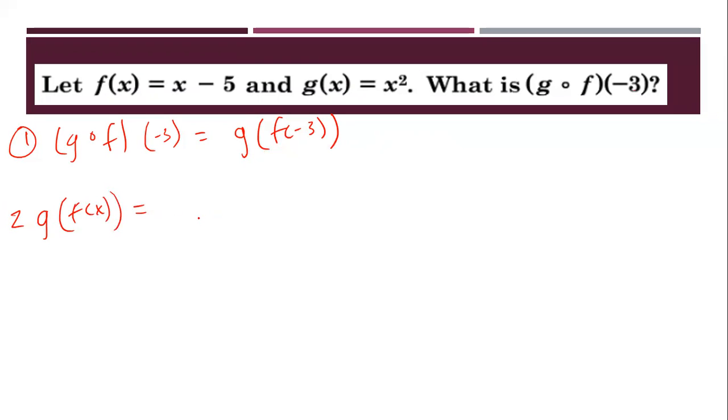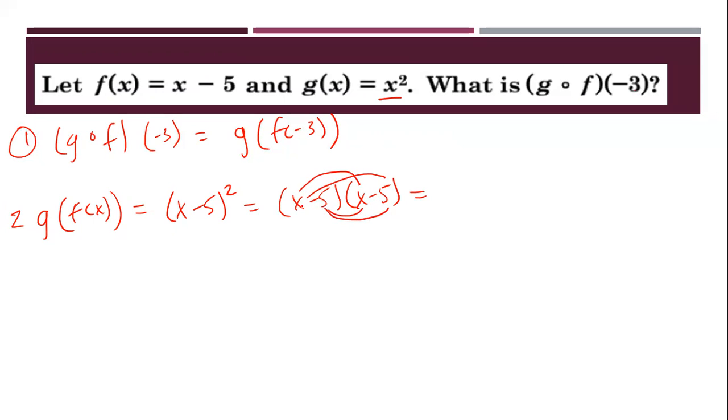So instead of just x squared, it's going to become x minus 5 squared, which equals x minus 5 times x minus 5. I'm going to FOIL. We all remember how to FOIL.